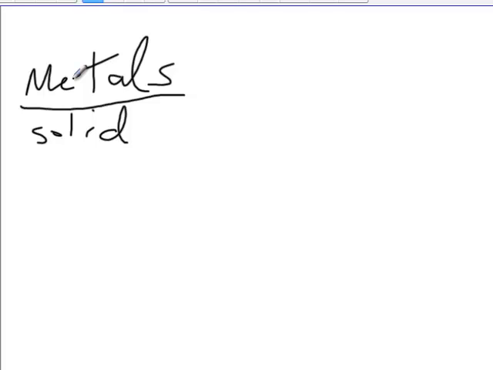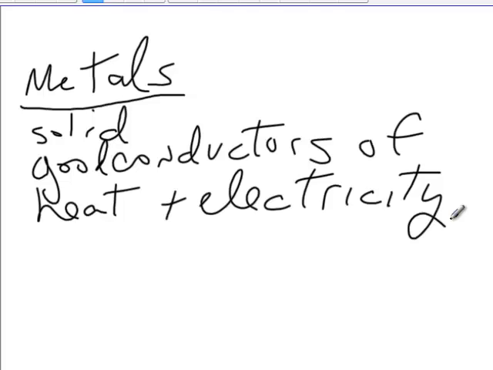They are good conductors of heat and electricity. That's why all your pans, for example, your aluminum foil, your copper pots, those are all made of metals because they're good conductors of heat and electricity. They have very high melting and boiling points, hence why they're solids.